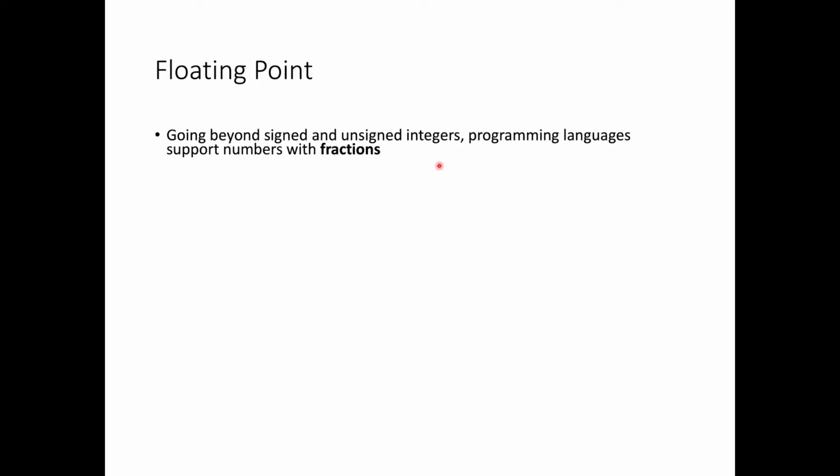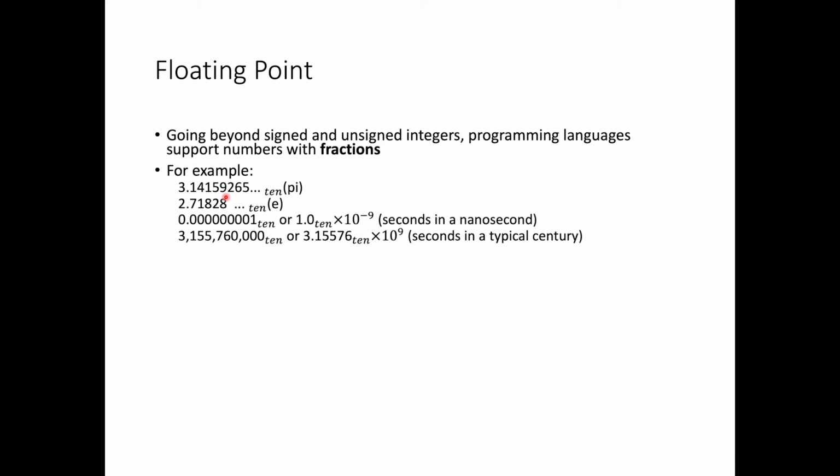Besides integers, programming languages also support fractions or floating points. For example, pi is 3.14159265 and e is 2.7, and we also have seconds in a nanosecond, and seconds in a typical century.